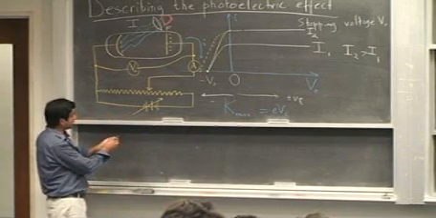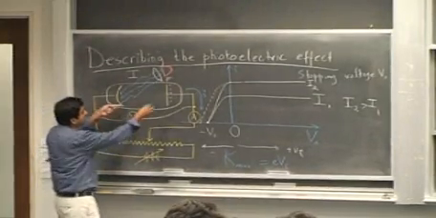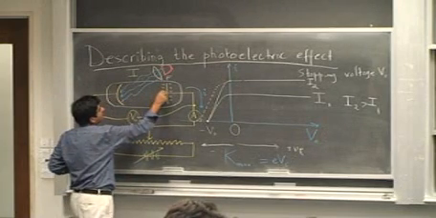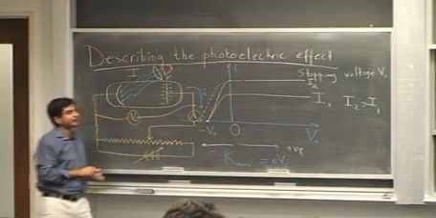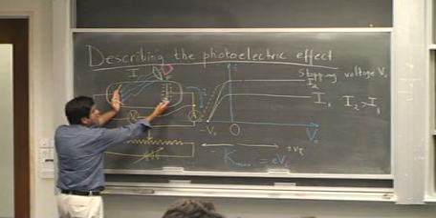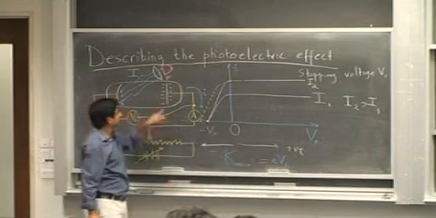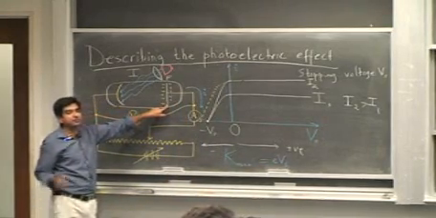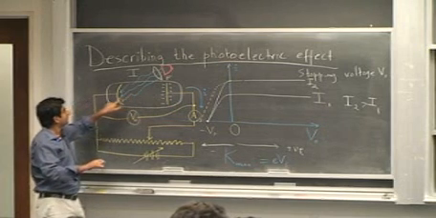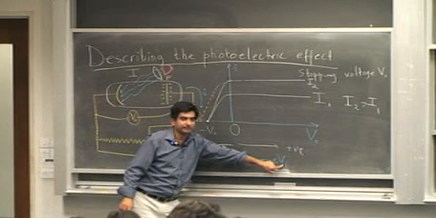Because the stopping voltage is applying a potential difference between these plates. If this plate is negative, then the potential difference between these plates is Vs, and the energy difference between these plates is e times Vs. So this is at a higher potential with respect to that by e times Vs, right?